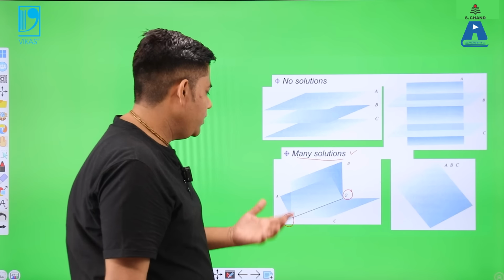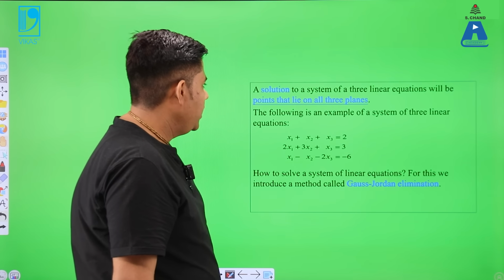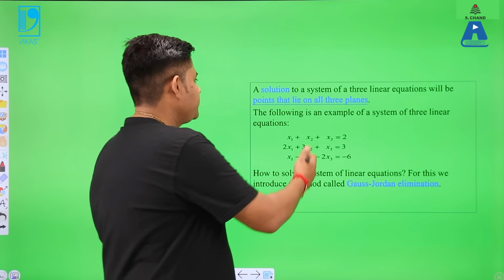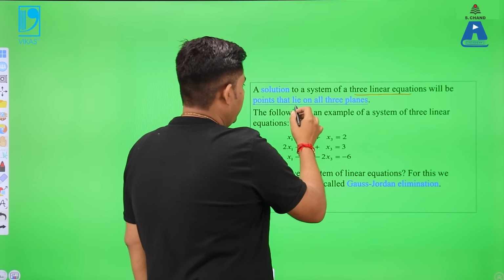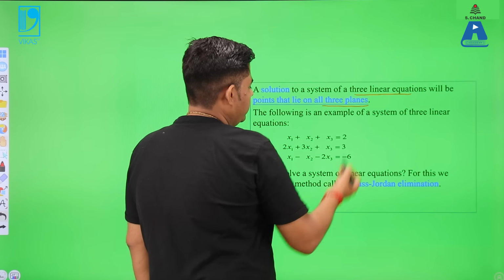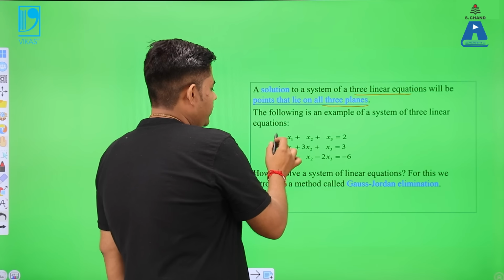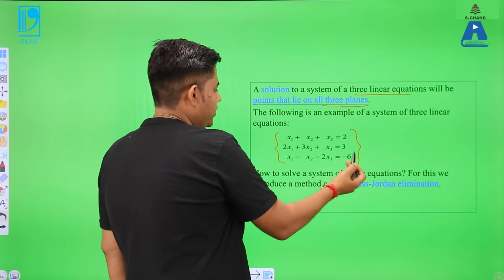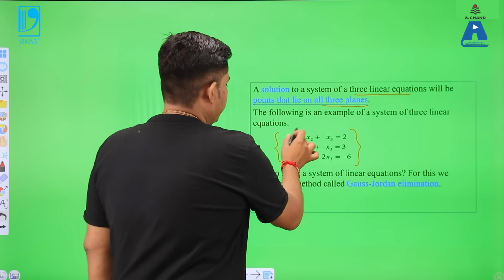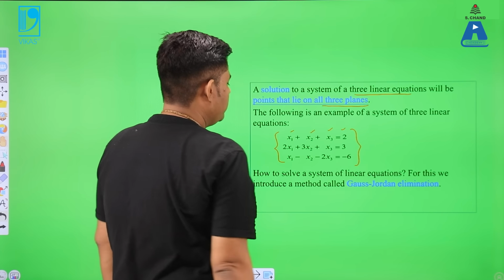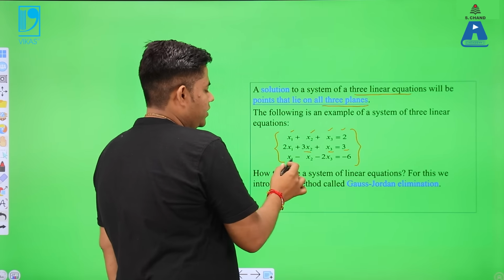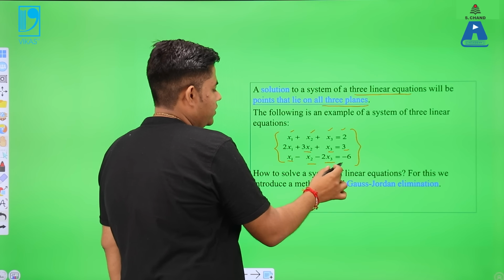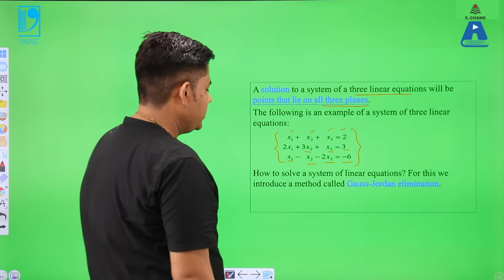So we are particularly interested in finding a solution of the three linear equations, the points that lie on all three different planes. Let's say, for example, we have these three equations: x1 plus x2 plus x3 equals 2, 2x1 plus 3x2 plus x3 equals 3, and x1 minus x2 minus 2x3 equals minus 6.